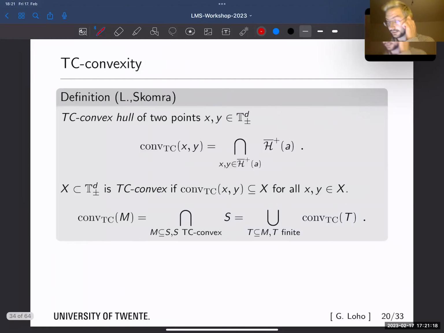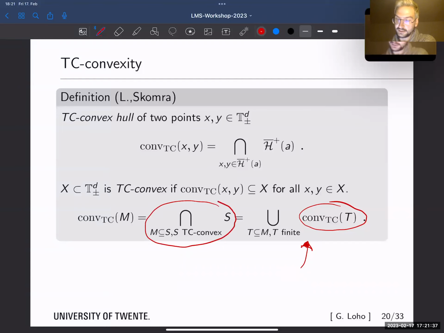And actually then this fulfills other nice properties of convexities, so that it's given essentially by the polytopes, the convex hulls of finite sets, but also this classical property that the hull operator is given by taking the intersection over all convex sets containing the set.